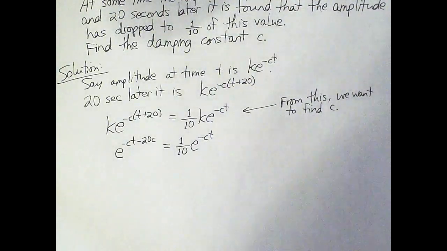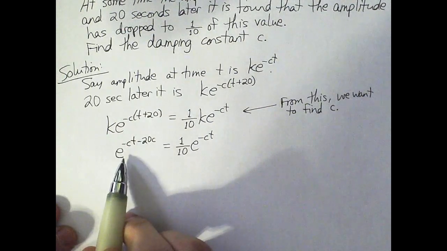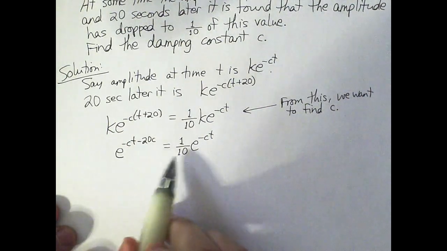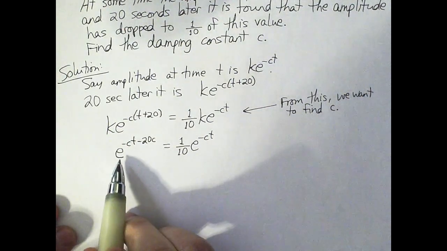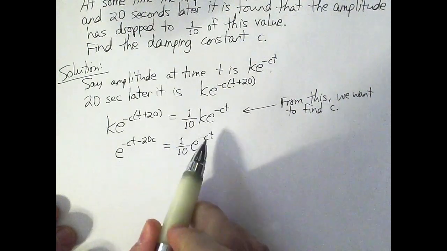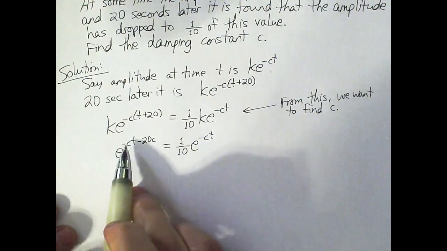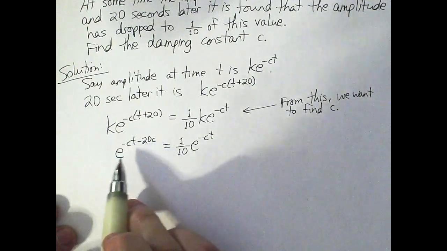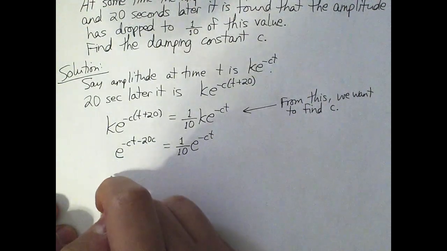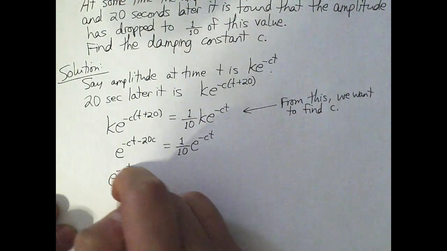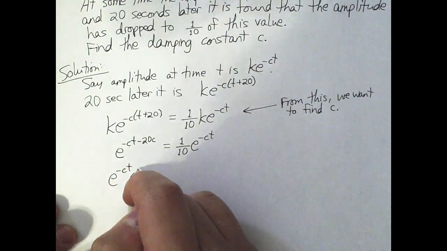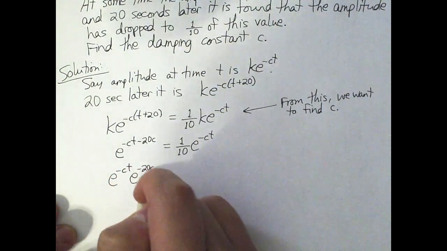Maybe what I just said out loud is going to help us. I said I would like to be able to cancel the t's out, and that helps me notice that e to the negative ct minus 20c, we could write this left-hand side like this.